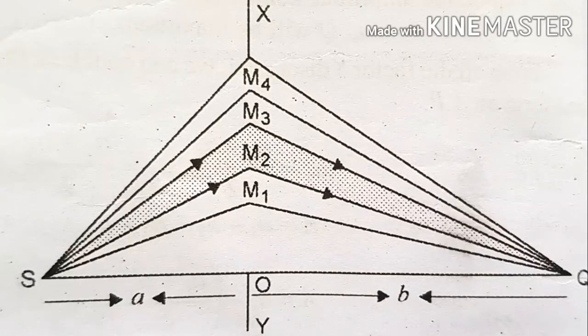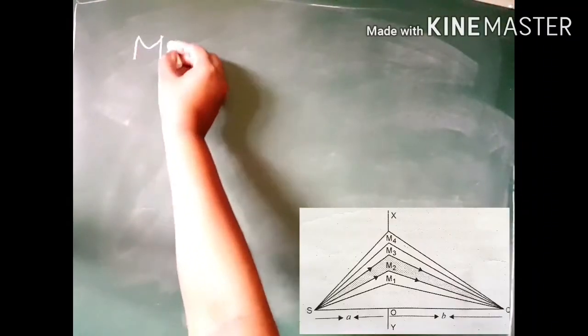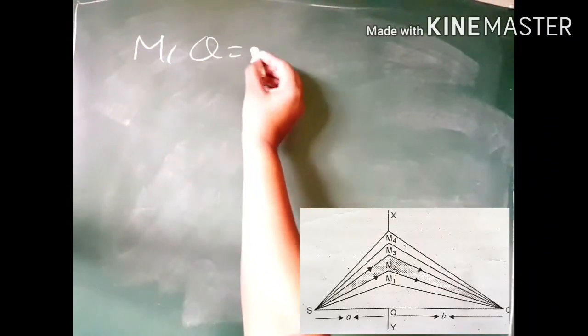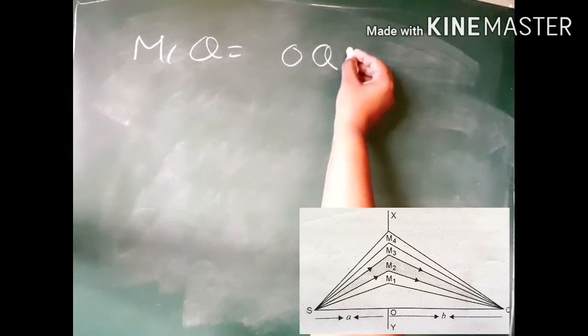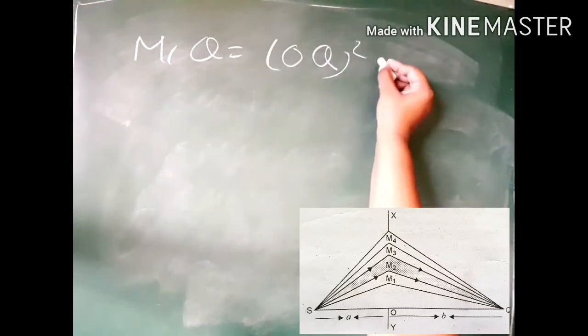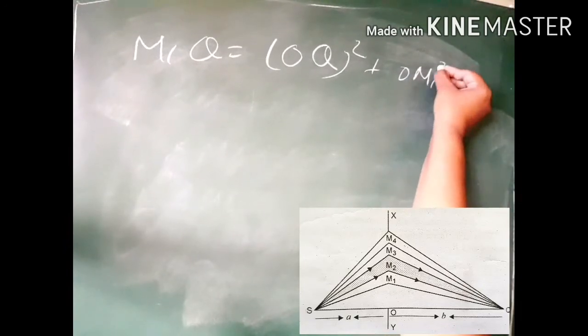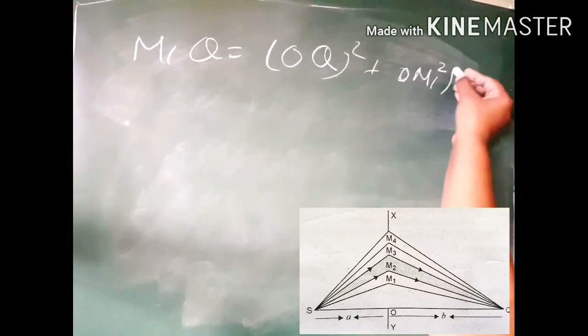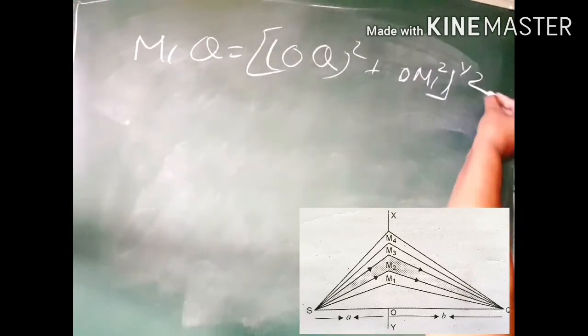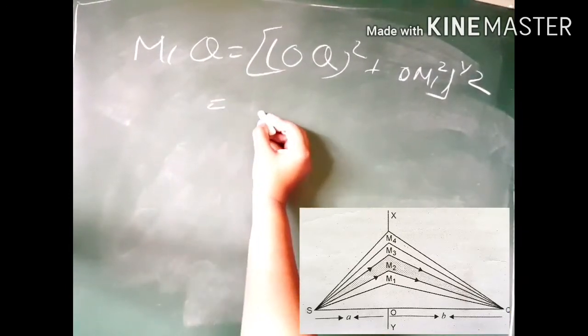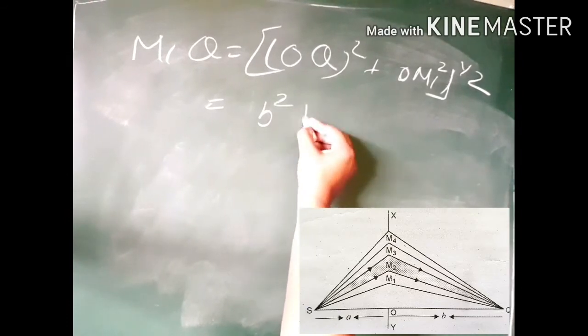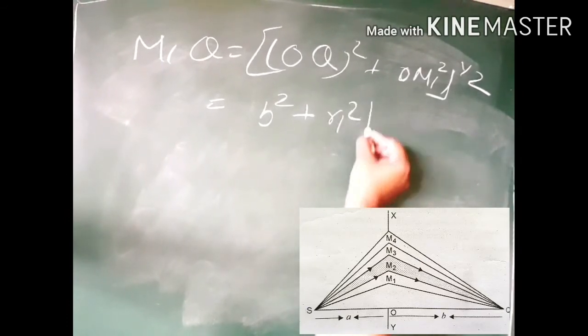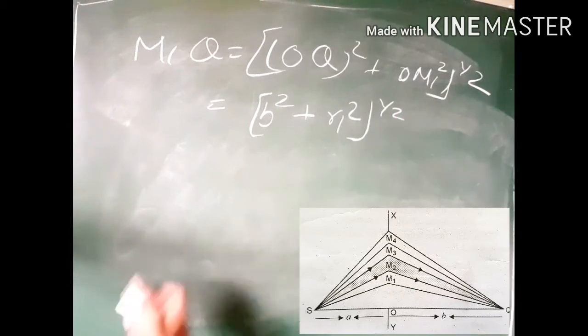Now from the triangle QM1O, we have M1Q is equal to (OQ square plus OM1 square) to power 1 by 2, which is equal to (b square plus R1 square) to power 1 by 2.